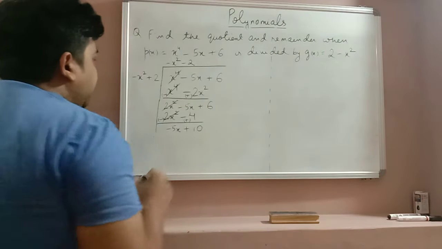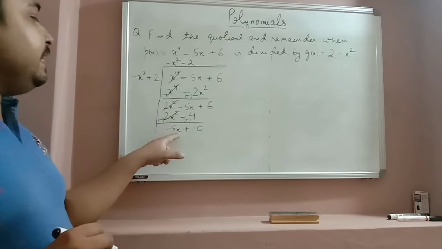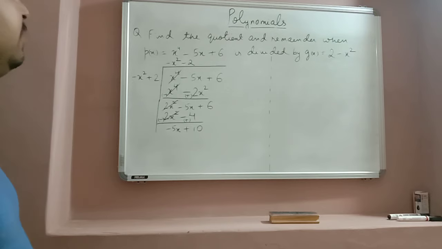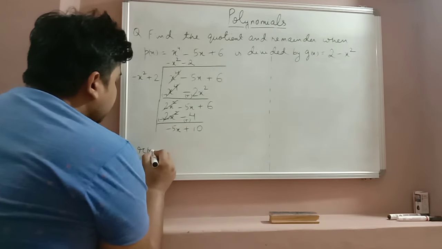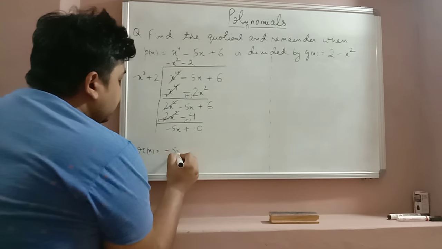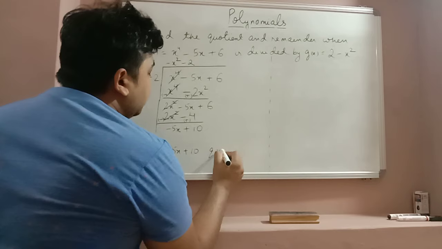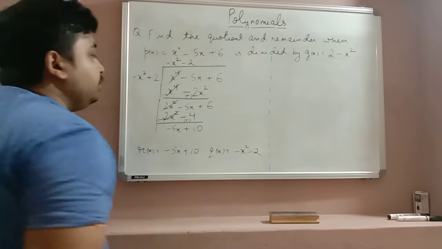Now we cannot further divide since the degree of the divisor becomes greater than the degree of the remainder. So I'll end the division here. Our r of x will turn out to be minus 5x plus 10, that is this, and our q of x will turn out to be minus x square minus 2.